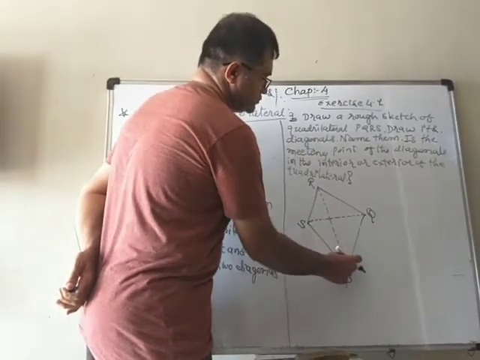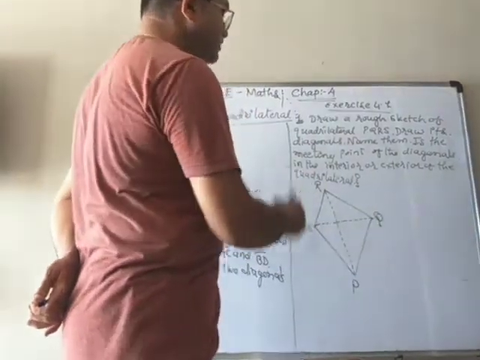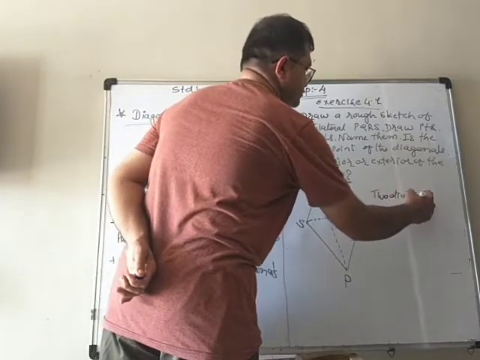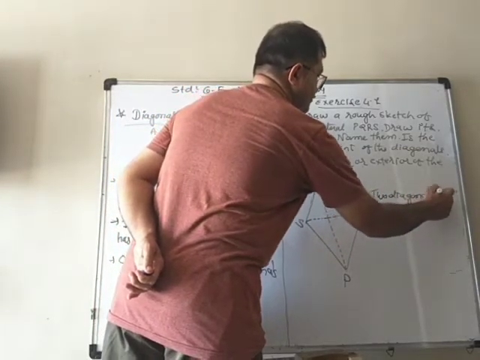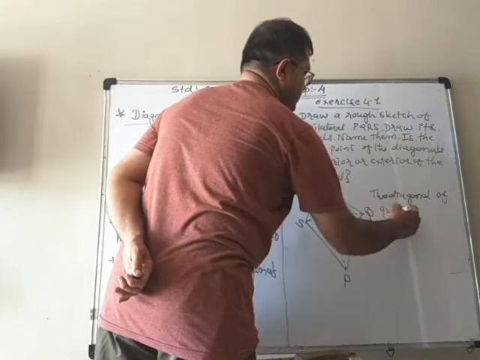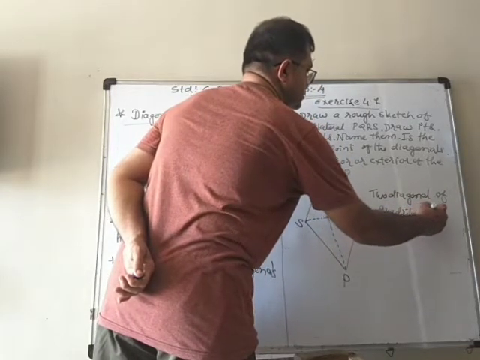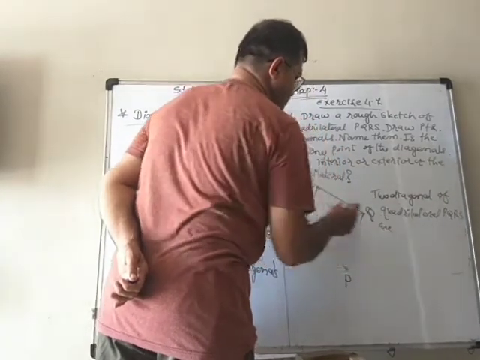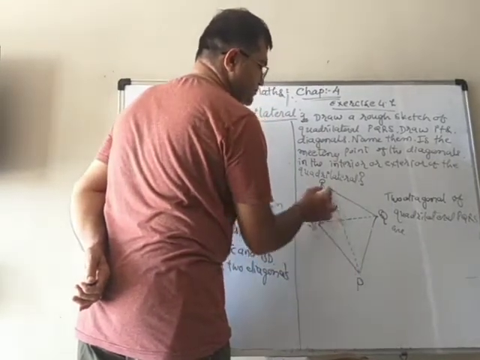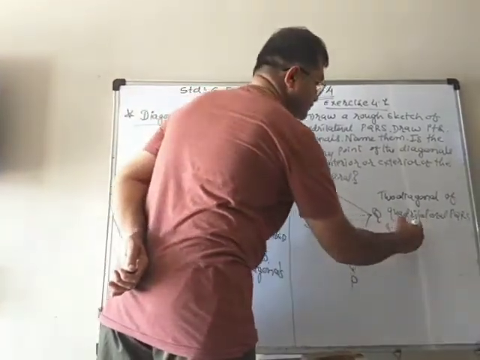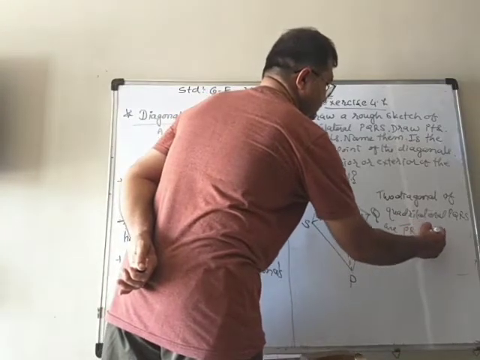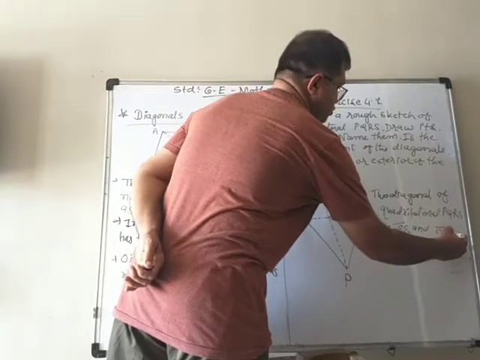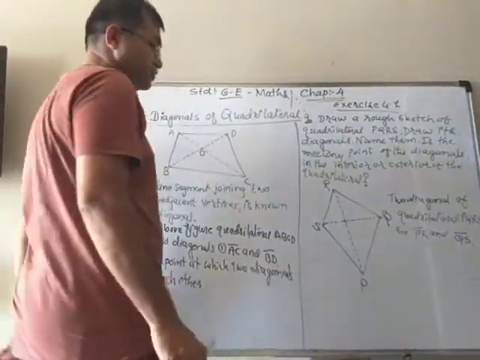So which are the two diagonals of quadrilateral PQRS? Line segment PR, and the other one, line segment QS or SQ, PR or RP also.